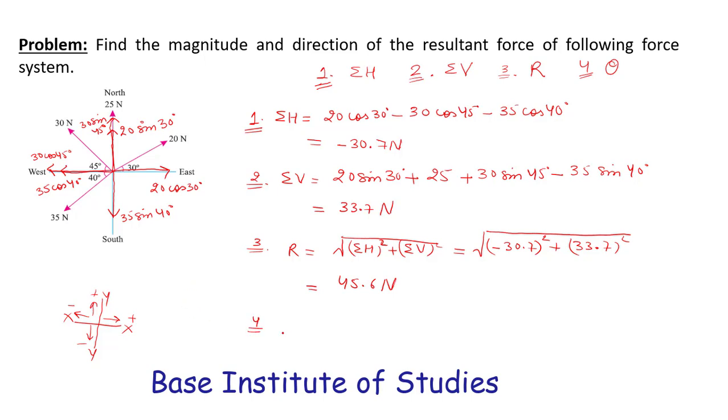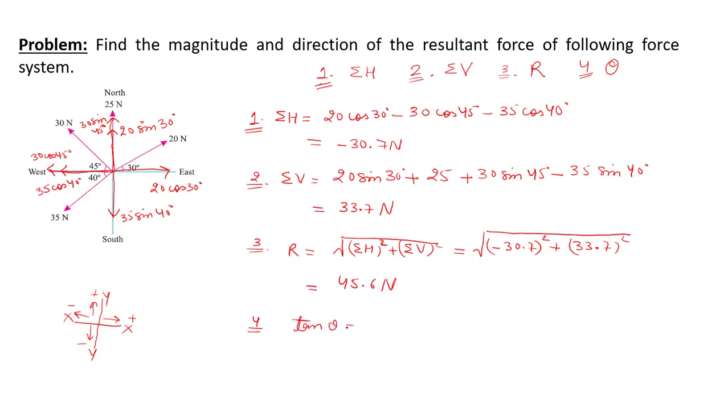Now the last step is to calculate theta. So tan theta will be given by sigma v upon sigma h. Sigma v is 33.7 divided by sigma h, minus 30.7.